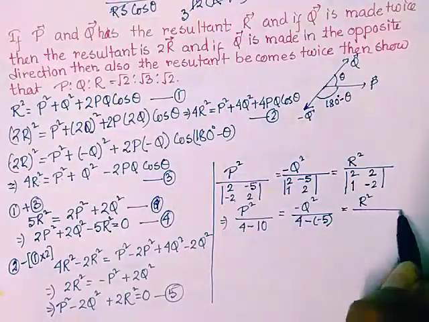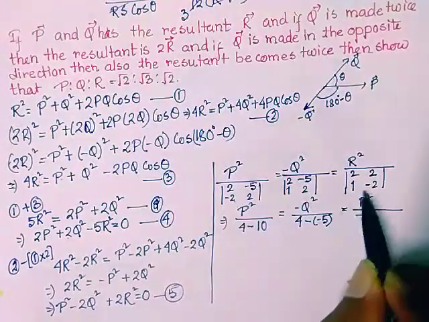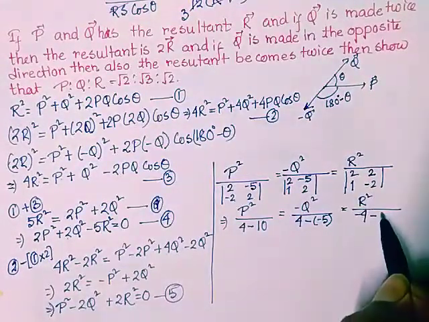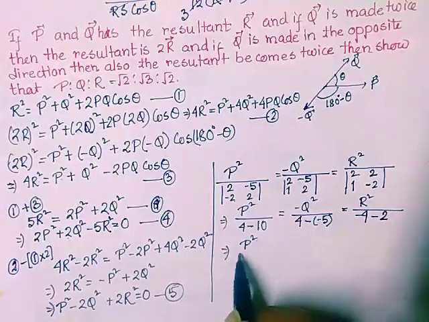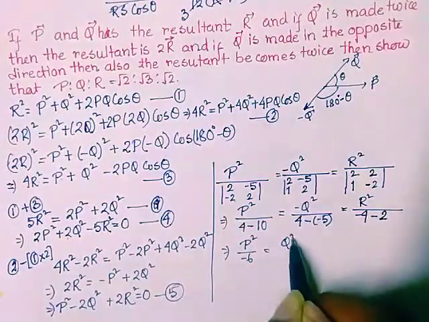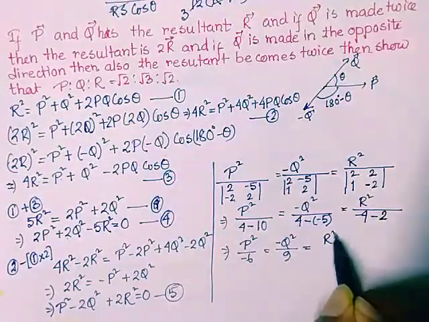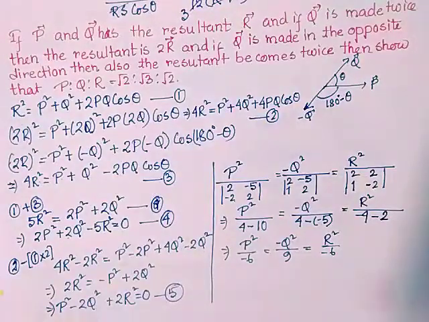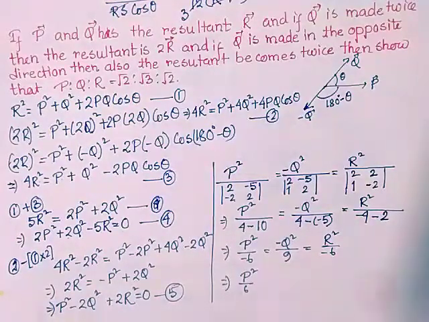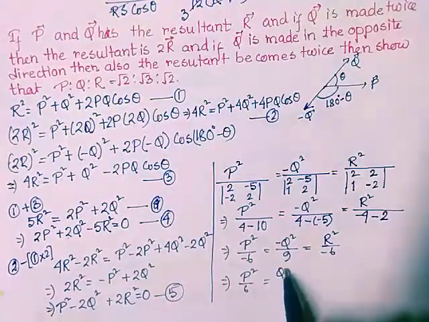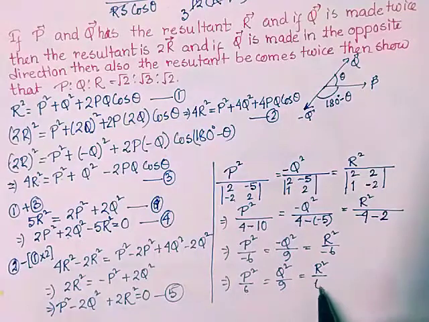It is r square. 2 into minus 2 is minus 4, and 2 into 1 is plus 2. So this is the thing. So these will become p square by minus 6, q square by minus 9, r square by minus 6. So you can omit this minus. So it is p square by 6, q square by 9, r square by 6.